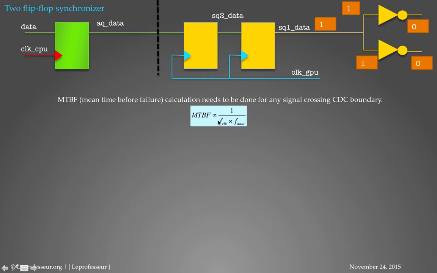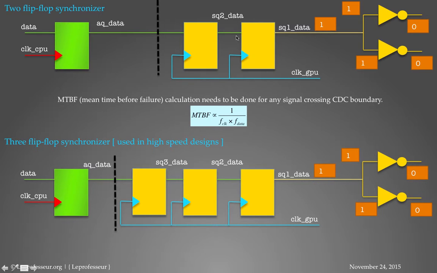In those cases, a typical technique is to use one more synchronizing flip-flop. Synchronizing flip-flops can be two or three depending on different factors. So it's always a good idea to check with your company's technology team whether you want to use synchronizing flip-flops, or whether they have an inbuilt, special circuit for synchronization.